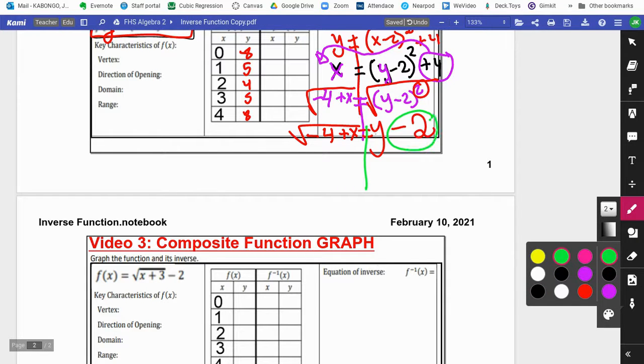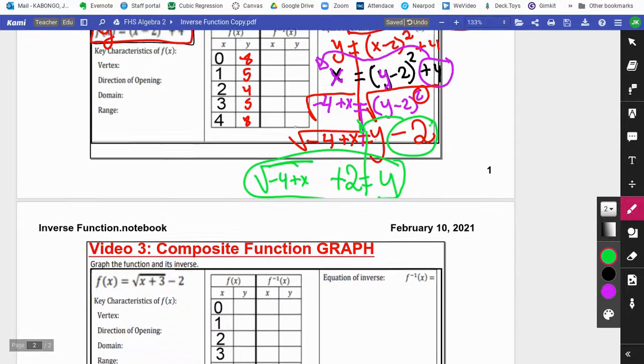This negative 2 has got to travel. My friend, you got to travel. Since you're traveling, the sign changes. So plus 2 now. And then you still have your square root of x minus 4. That's it.